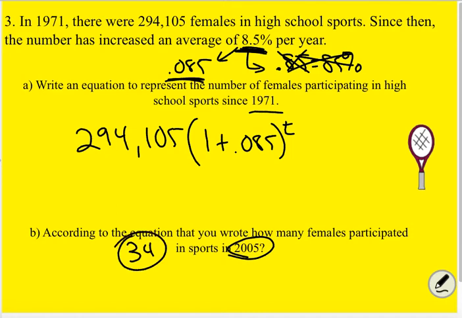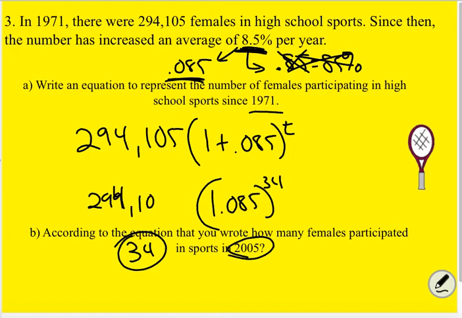It's 34 years that have gone by. So I take 1.085 raised to the 34th, and then multiply that times 294,105. So that's going to be about 4,711,004.